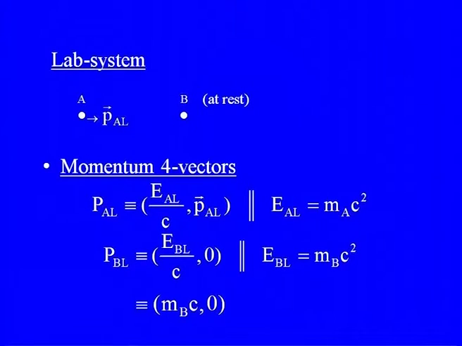To keep things simple, we just take the direction of motion of the one which is moving to be along the x-axis, and it's on a plane, let's say. We also take one of the bodies at rest. So let's just take the body B at rest and the body A coming with a certain linear momentum PA.